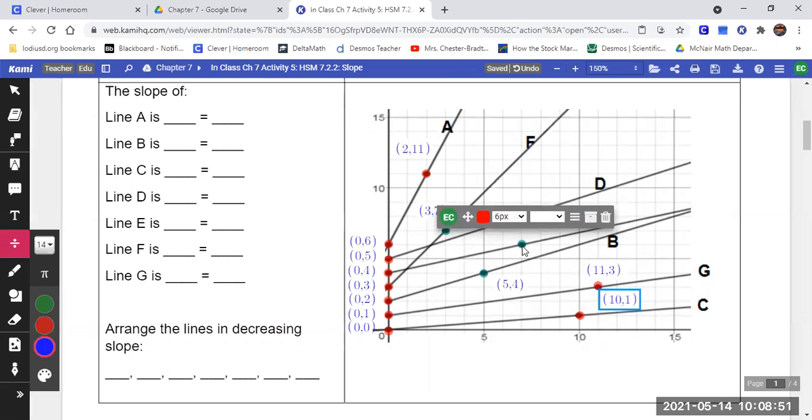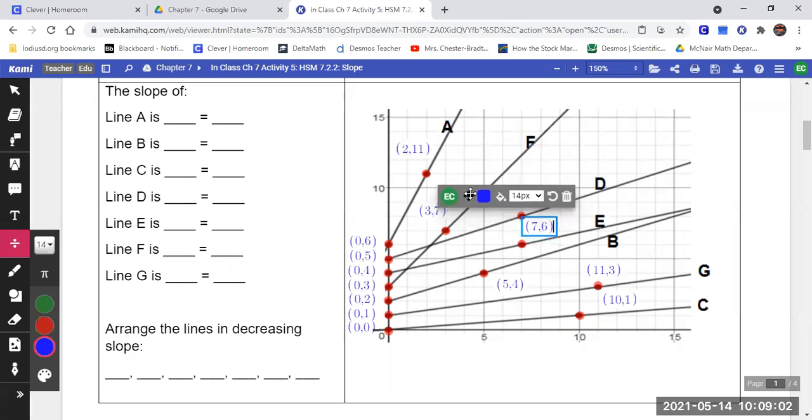Yeah, E is at 7.6. What about D? What's D's? That's our last one. Come on, guys, we need D and then we're done.